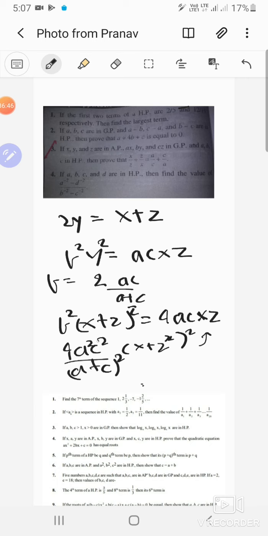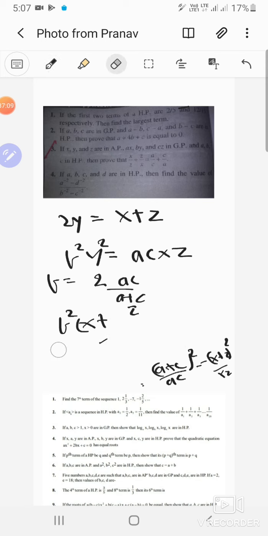Okay, now you can get a 4 out of them and an a out of them and c out of them. Fine. This is like this thing, a plus c whole squared upon ac, just taking the reciprocal. That's going to be equal to x plus z whole squared upon xz, right? Now we can expand these two.